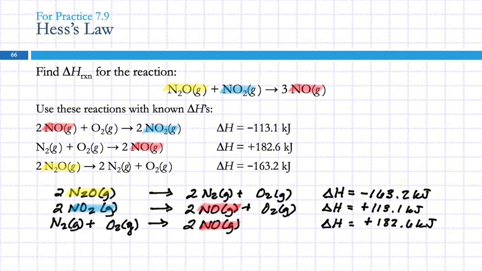Now I need to look at this. I might need to multiply or divide to get all of this to work out. So I want the highlighted ones to stay, but I want these other guys to cancel out. I've got 2 moles of oxygen over here and 2 moles of nitrogen, but over here I only have 1 of each.